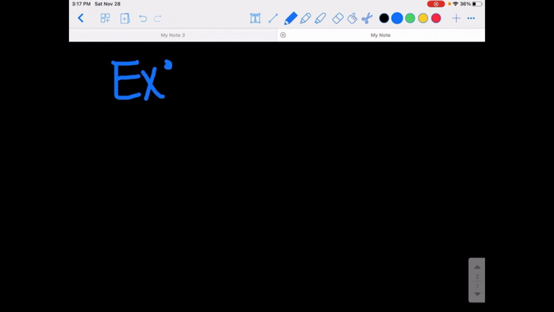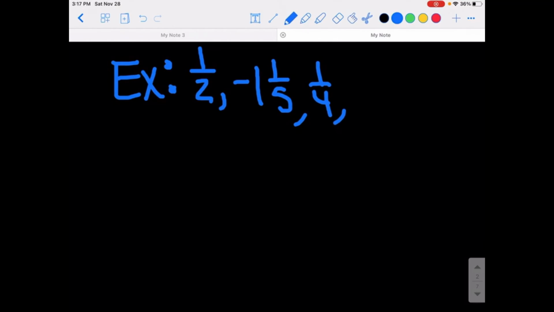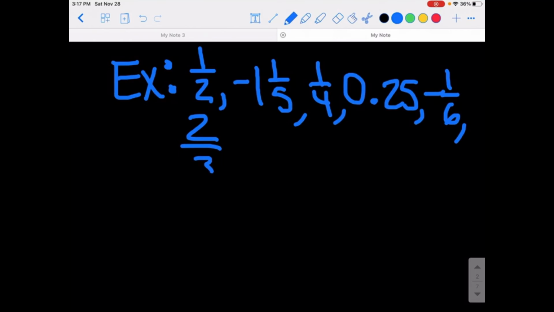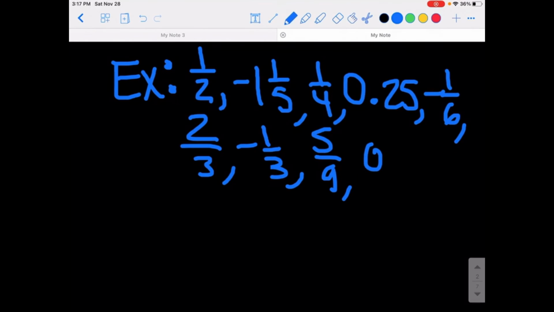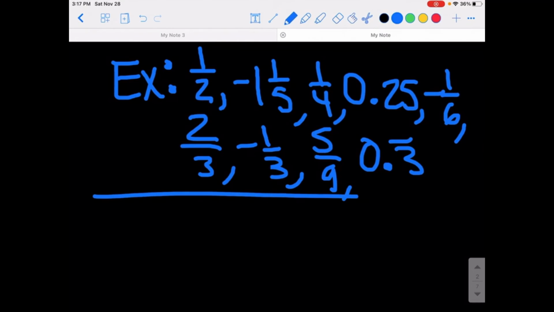An example of a rational number could be 1/2, -1/5, 1/4, 0.25, -1/6, 2/3, -1/3, 5/9, and 0.3 repeating. So all these are considered rational numbers.